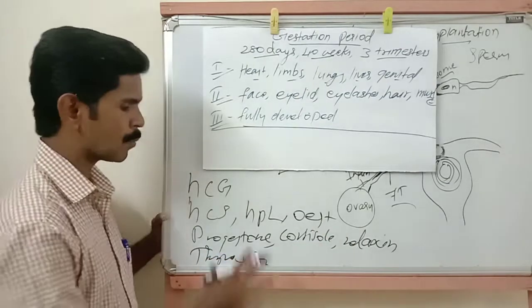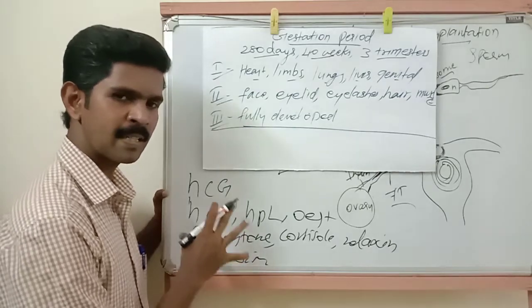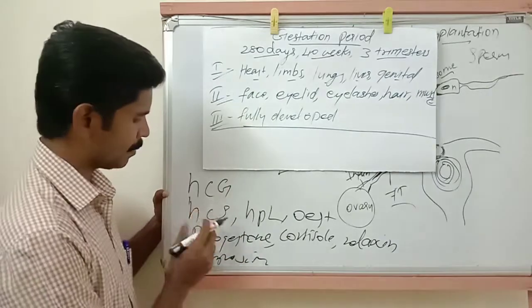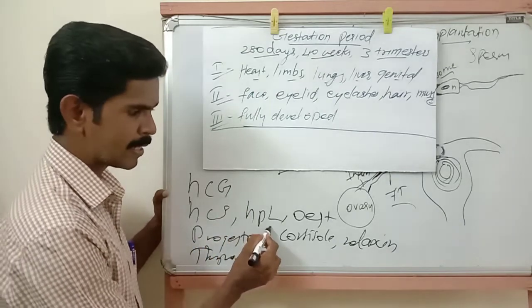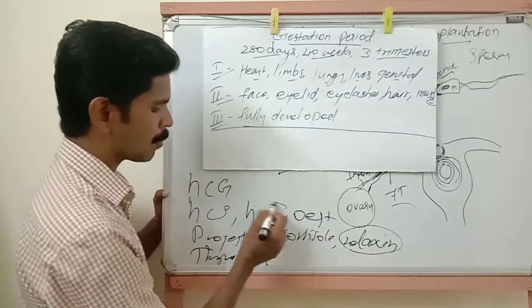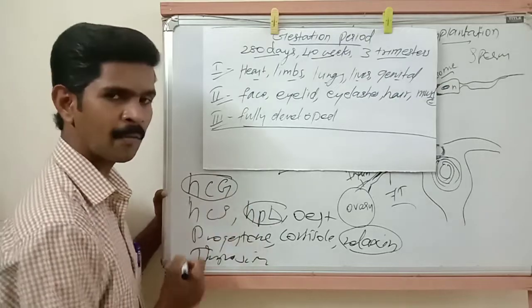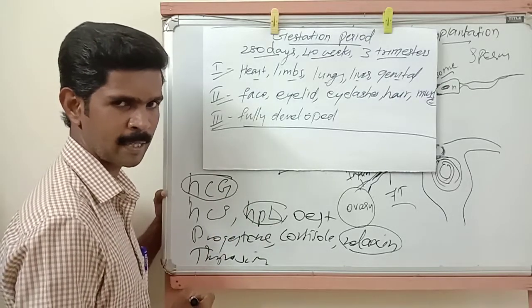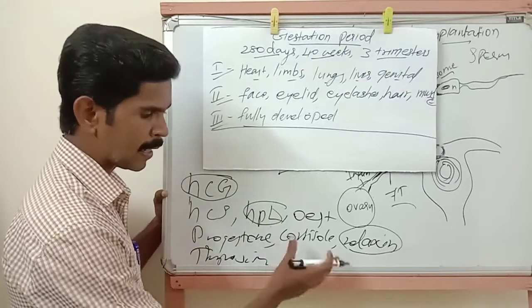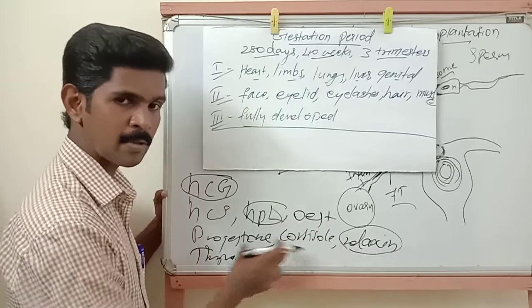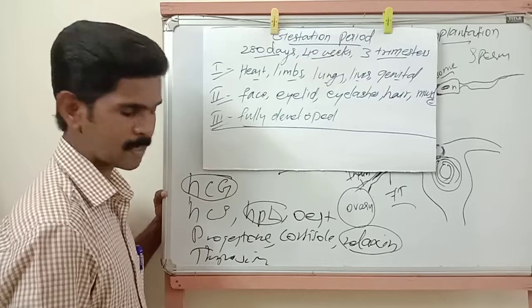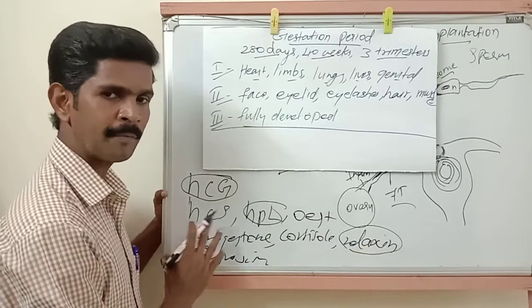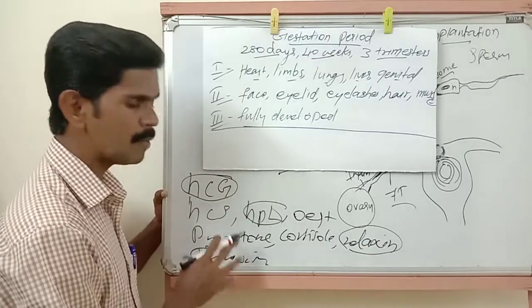Like that, many hormones are produced during pregnancy. Mainly human chorionic gonadotrophin, human placental lactogen, then relaxin, these 3 hormones are produced at the last time of pregnancy. At other times, the remaining hormones are also produced in the body of the female. So all these hormones play a very important role in the maintenance of pregnancy.